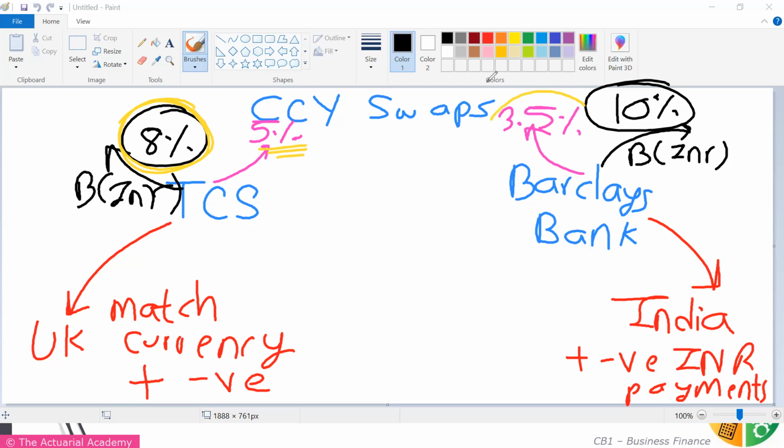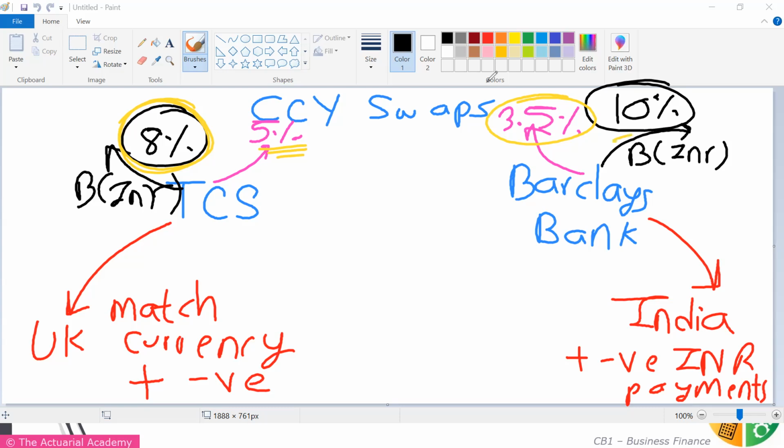Similarly, Barclays can borrow easily from UK markets at a very good rate, but it wants to borrow from Indian markets because it wants to match its assets and liabilities. If you are setting up business in India, then you will be earning in INR, and you ensure that your liabilities are also in INR so that you match those. There is no currency risk. This is what your plan should be.